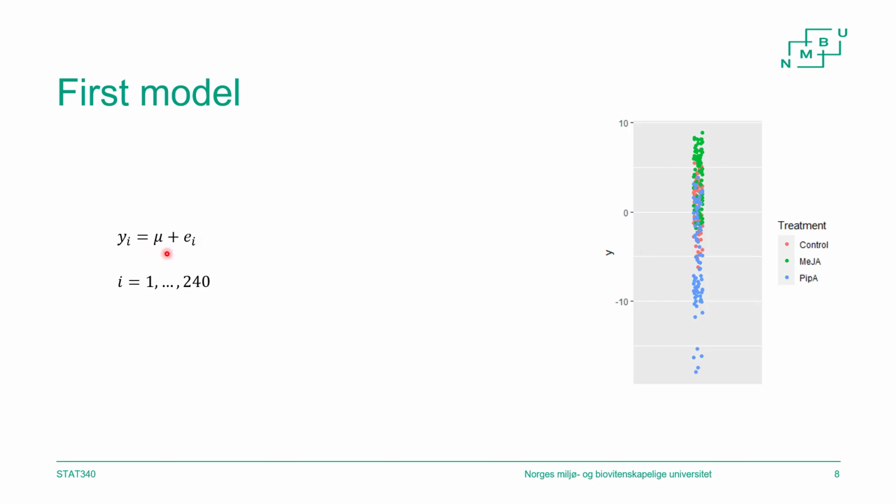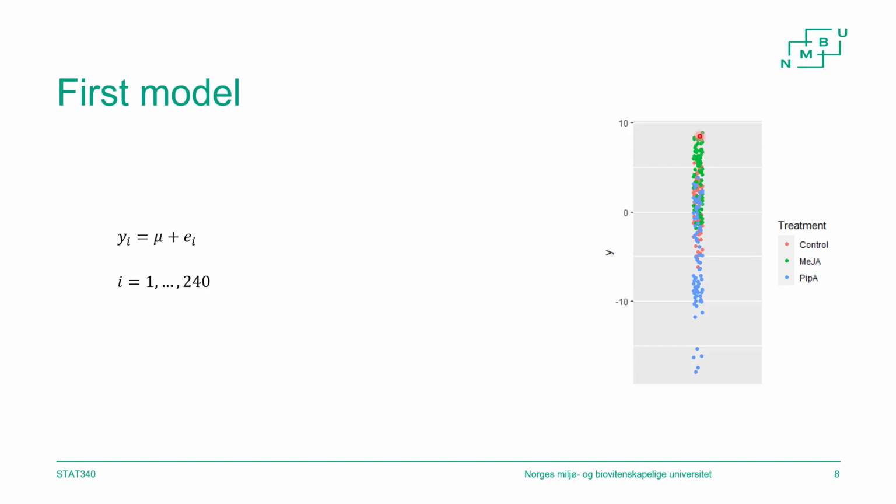Because this is what this model says. It says that there is no effect of treatment. Everything beyond this single parameter, mu, everything else is random. But when we look at the plot here and how the colors distribute, we can see this is not random. All the points down here are blue.